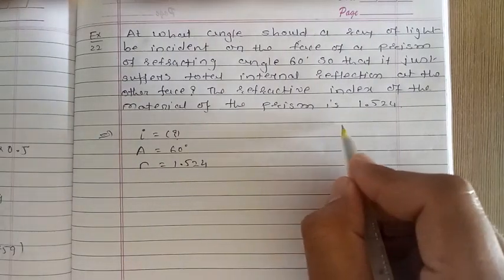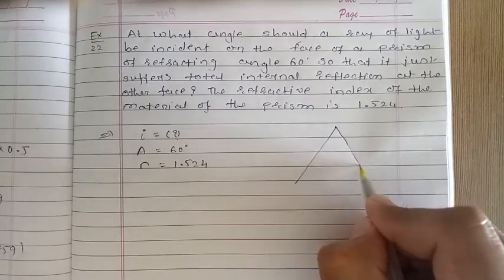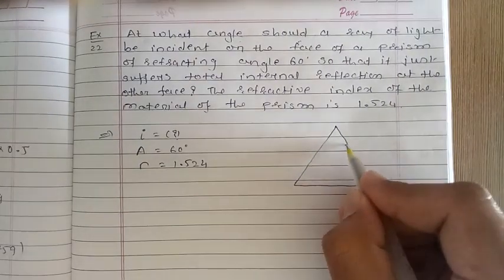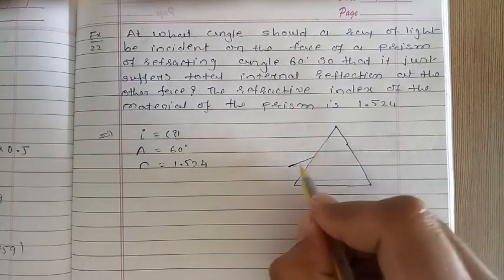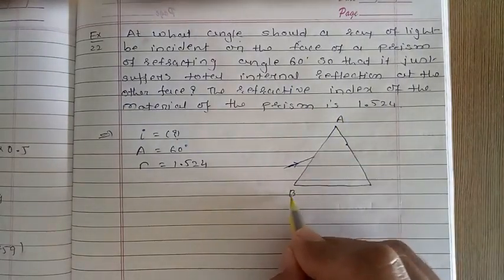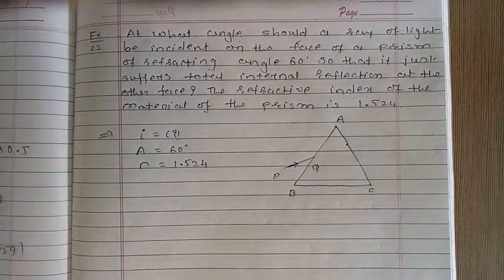So here consider this is our prism. Now this is the incident ray. Say this is prism A, B, C, P, Q, right?